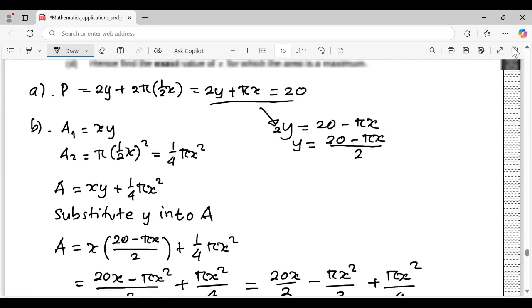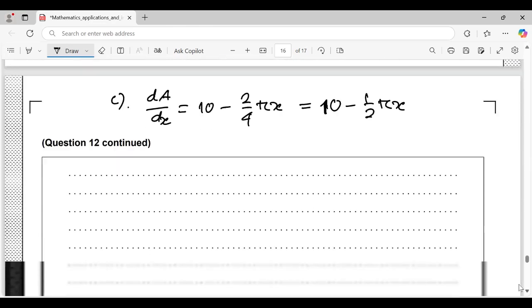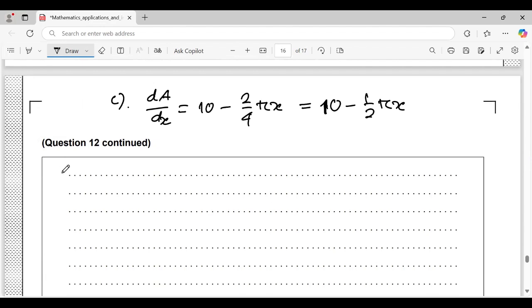Part D. Hence, find the exact value of x for which the area is maximum. The maximum area we can determine if the derivative of A equals 0. It means 10 minus 1 half pi x equals 0.